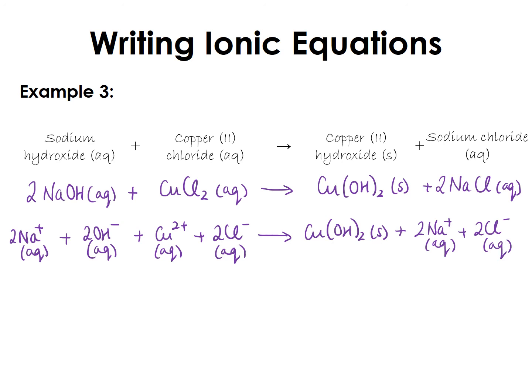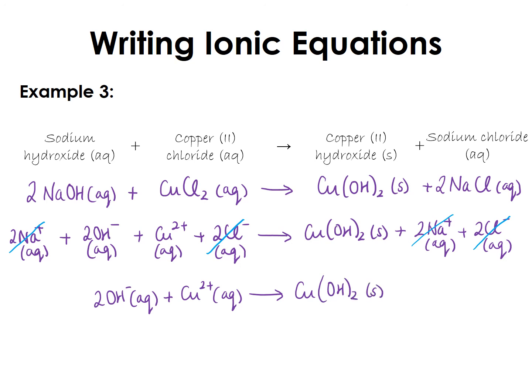Identify and cancel out any spectator ions, so 2 Na+ and 2 Na+ over on the right hand side, 2 Cl- on the left, 2 Cl- on the right hand side, and therefore this can simplify to 2 OH-(aq) and Cu2+(aq) reacting to form Cu(OH)2 solid. Okay, go and have a practice.